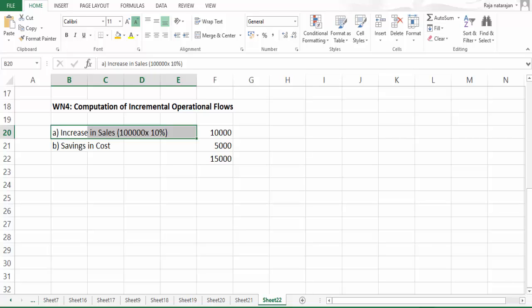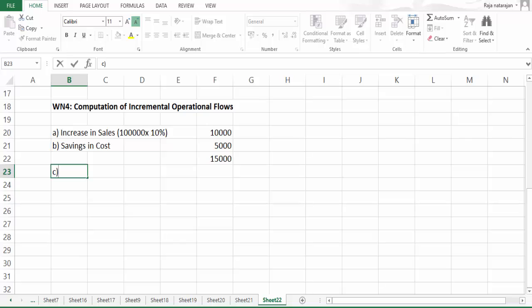Okay, so the existing sales and new sales are compared, and that's how we got this increase in sales. Similarly, savings in cost, existing cost and new cost were compared, and hence savings was arrived. So we can take this and proceed further. So there is an incremental cash flow of 15,000, and let us also give effect for depreciation.